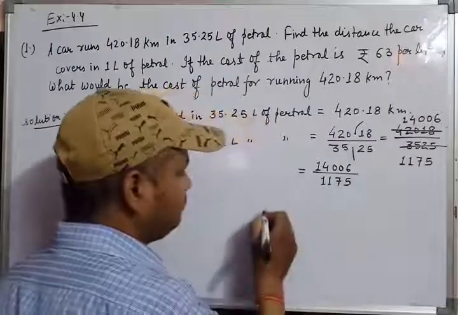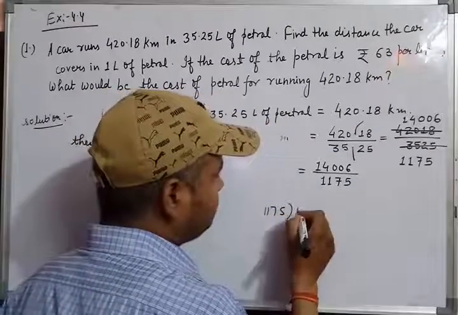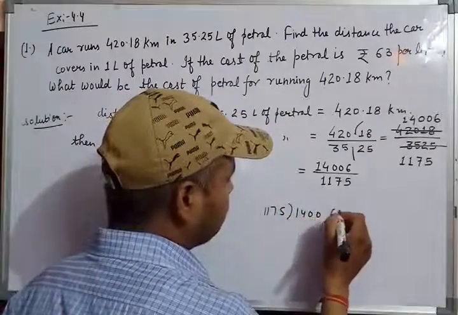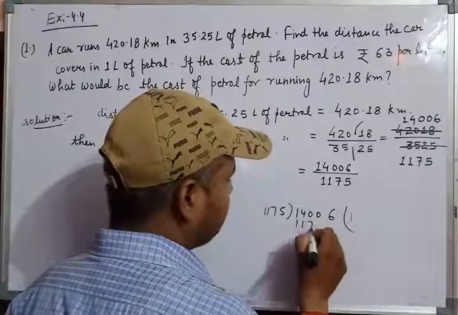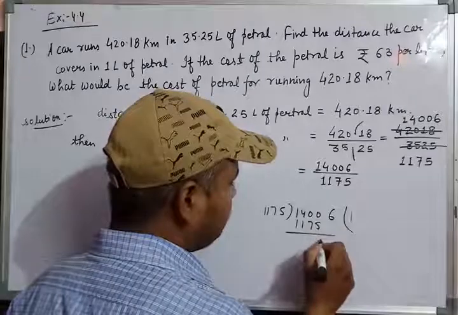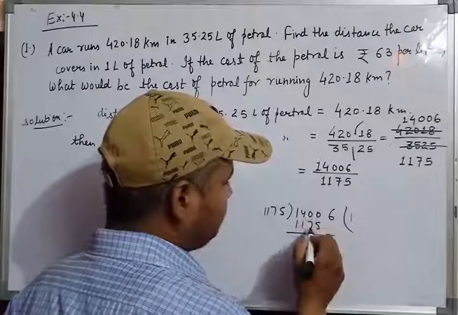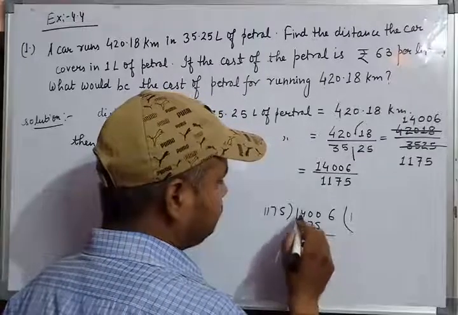Now this can be divided by this. 1 times 1175, 10 minus 5 is 5. Here 9 minus 7 is 2.